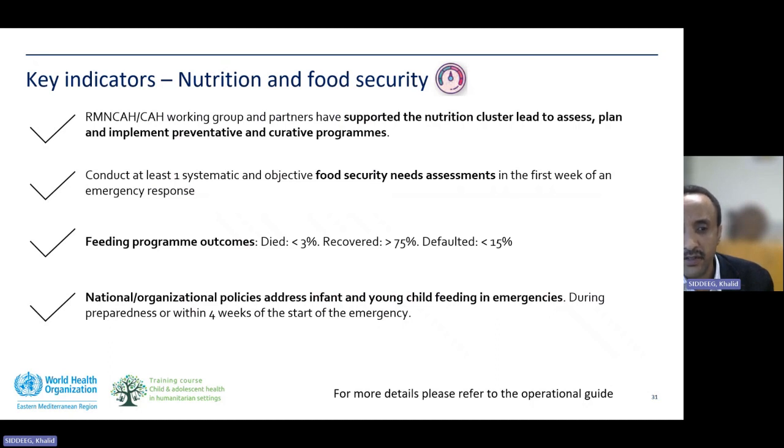One of the examples just to share here is the feeding program outcomes, because we always aim at having less than 3% of deaths, and those who recover to be more than 75%, while those who did not reach the services or defaulted to be kept at less than 15%.